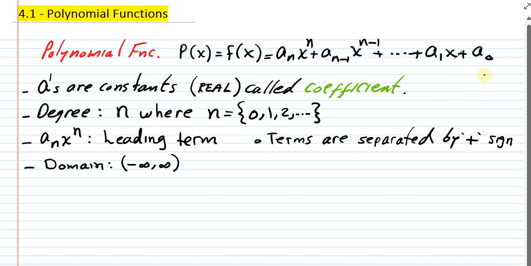Okay, now the a's, the numbers that are in front of the variables, are called coefficients. These are real constants for us. And indeed, even x, the variable, is real, and we're talking in the sense of real numbers.